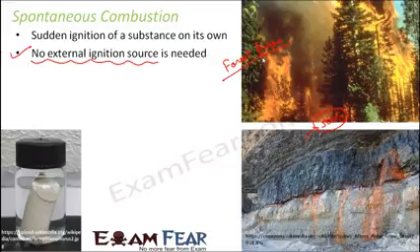If you compare a green leaf and a dry leaf, it is easier to burn the dry leaf, because the green leaf has a lot of water. As long as you have water, it will keep the substance cool. Therefore, the leaf will not be able to reach its ignition temperature. But in the case of a dry leaf, water is not there, so it will reach its ignition temperature quickly and catch fire easily.